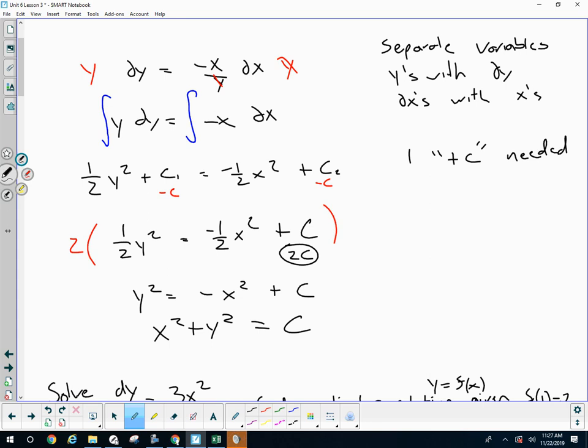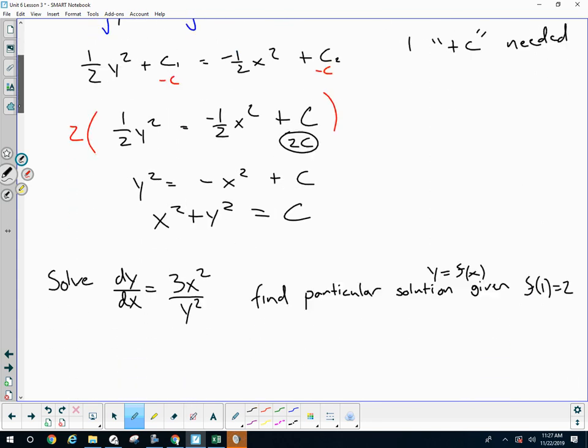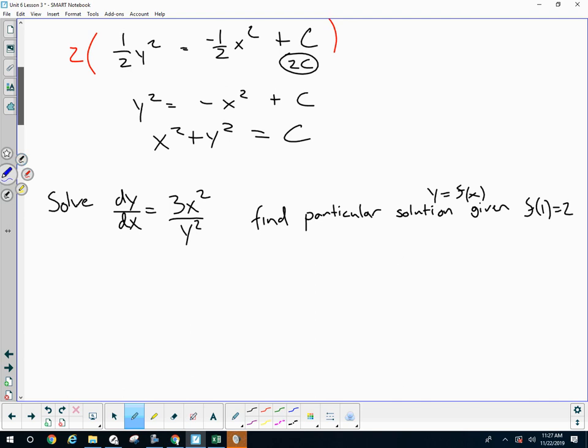Now, do we always want blank to a power plus blank to a power equals a constant? No. What you will be asked to do, going backwards implicitly, is actually solve for y. So this example I wanted to do just because we already knew what the solution is going to look like. For all of your other examples, you're going to have to solve for y.